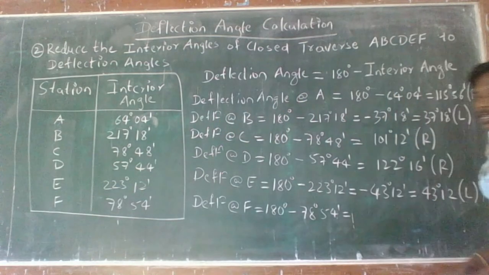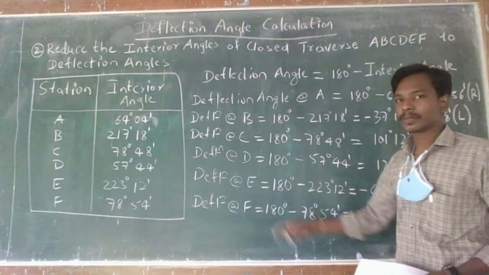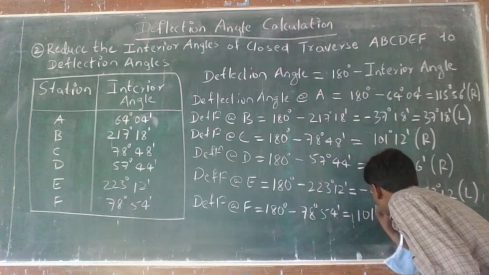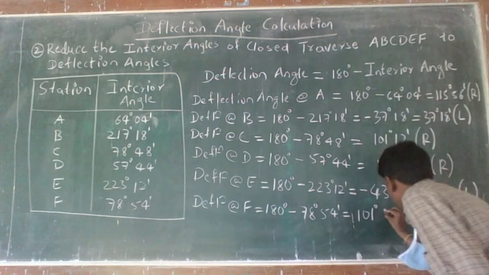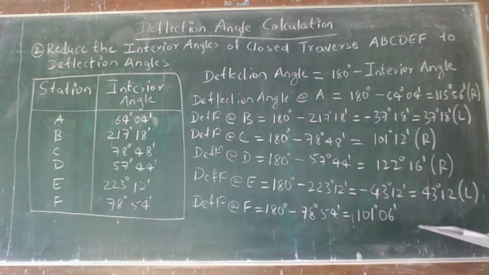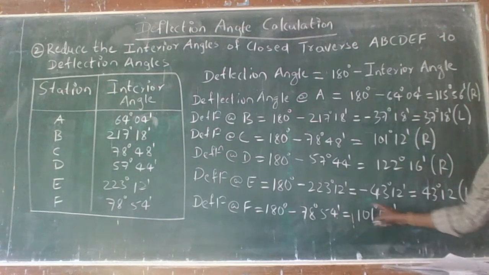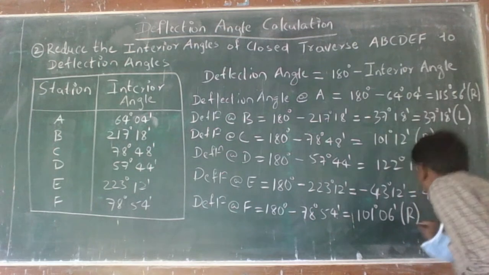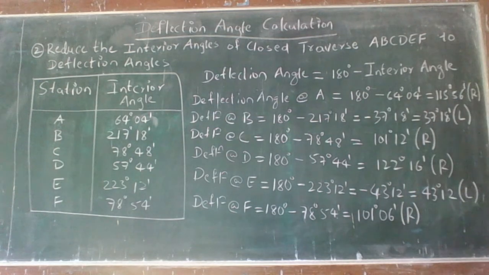Now the difference of these two angles is 101 degrees 6 minutes. As the value is in positive nature, the deflection angle is towards right side, or the deflection angle is clockwise.